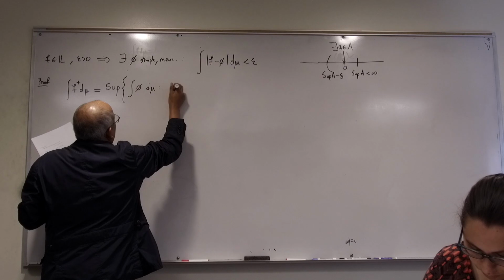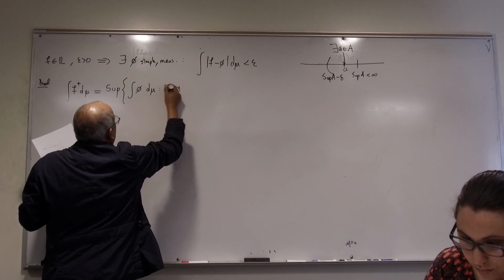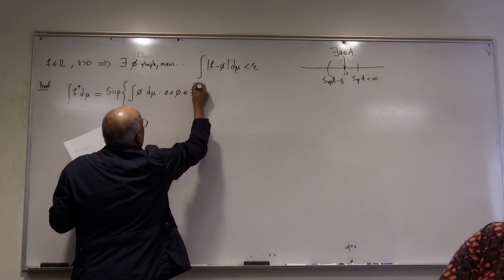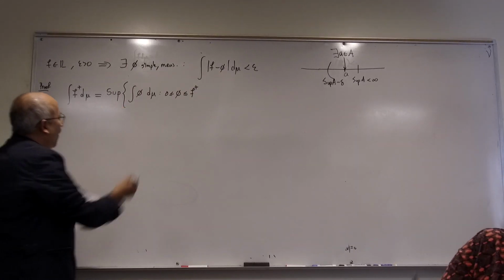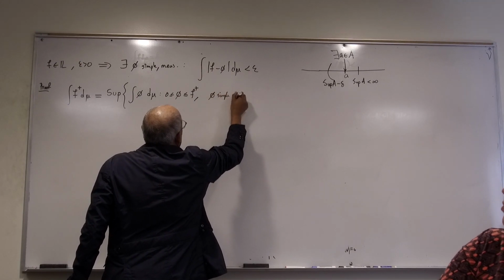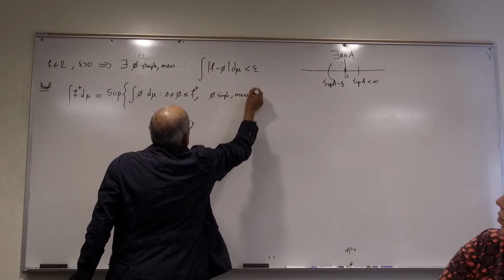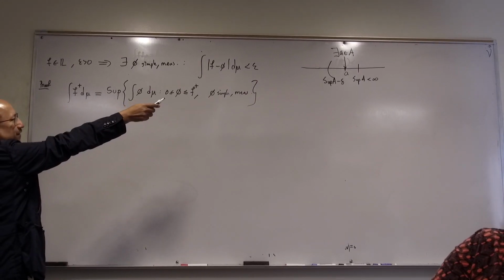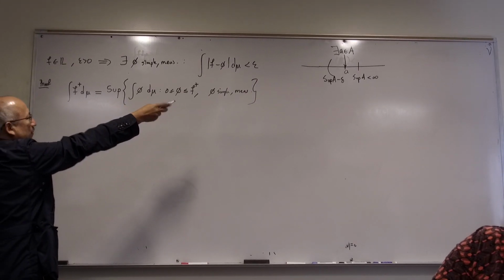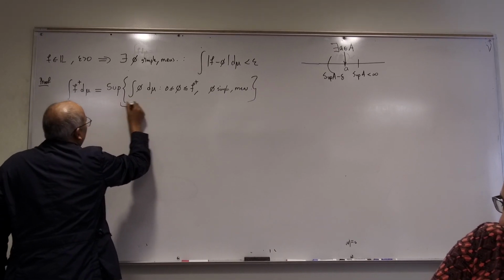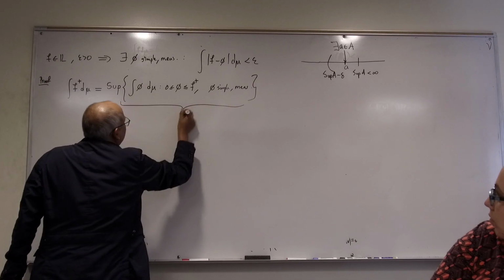What are the conditions? Phi is greater than or equal to 0, less than or equal to the function, and phi is simple and measurable, right? So if I use that fact, here is the supremum. This is my set A.